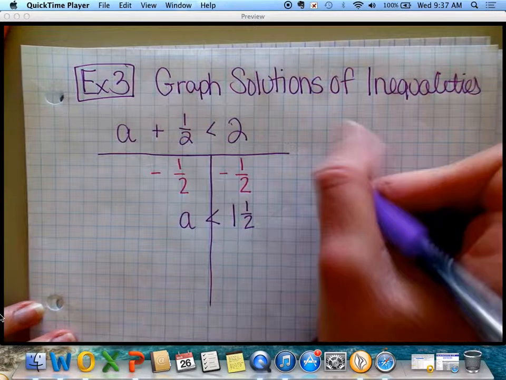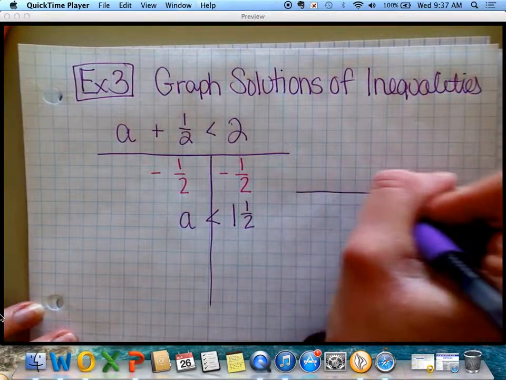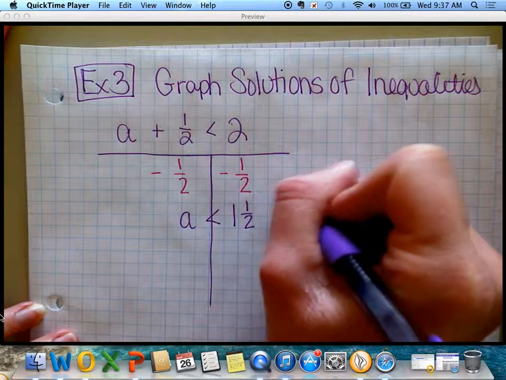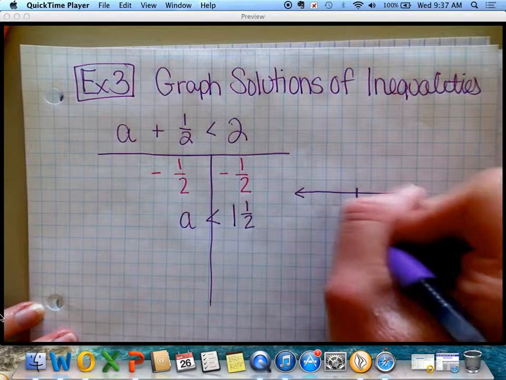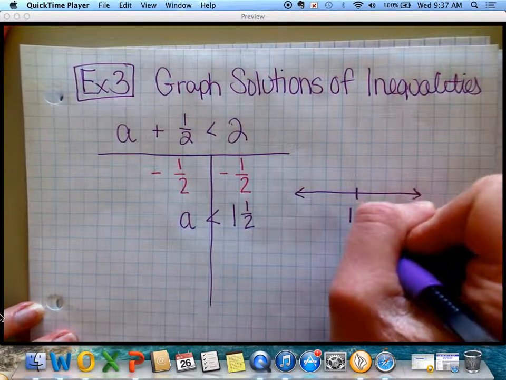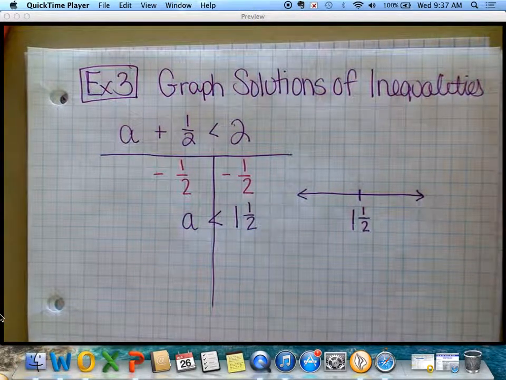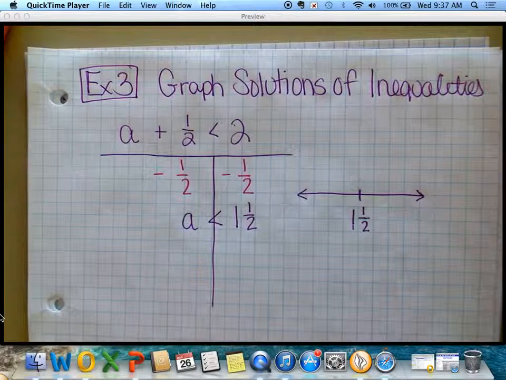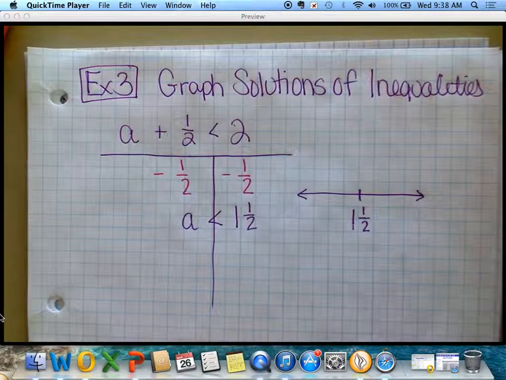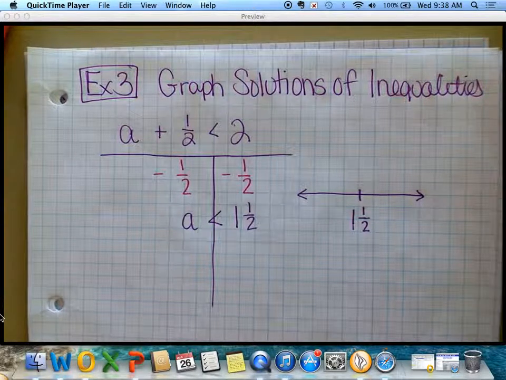We want to graph that solution. You only have to mark the number on the number line of the solution. I'm not going to make you mark 5 points or anything like that. That's kind of a waste of time. Do I have an open or closed circle?